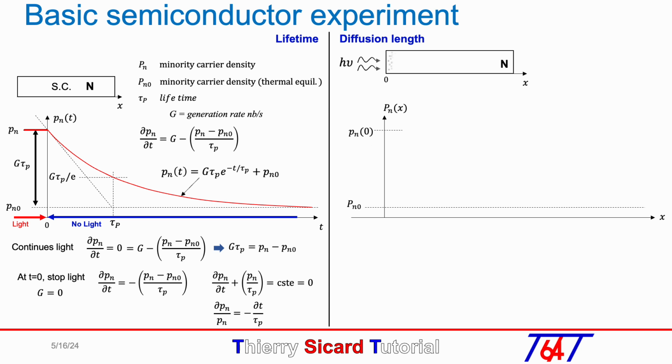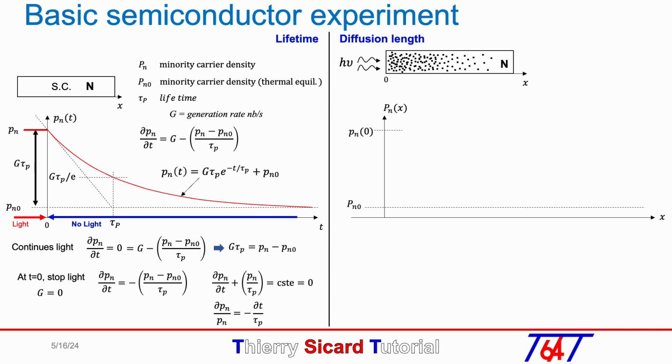We will plot the minority carrier density versus the distance x, from 0 on the left side to the right side. With a continuous light at x equals 0, the left side where the light is touching the semiconductor, the Pn at 0 is constant.